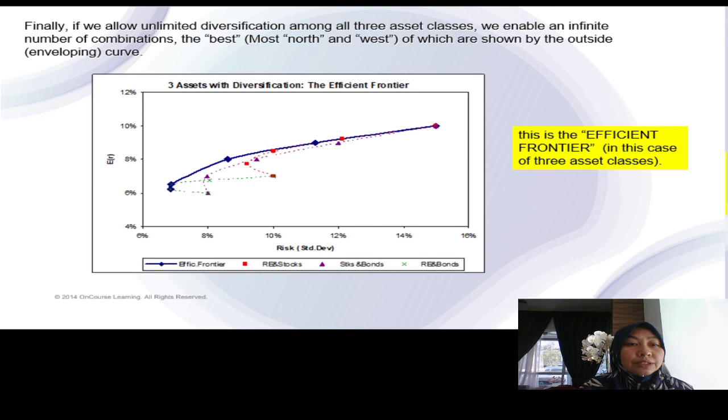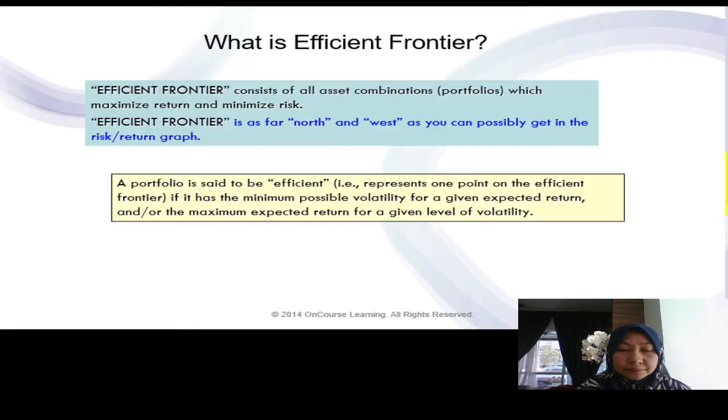But if we invest in all three, the risks and returns offset each other, so it reduces risk and at the same time gives a higher return to the investor.